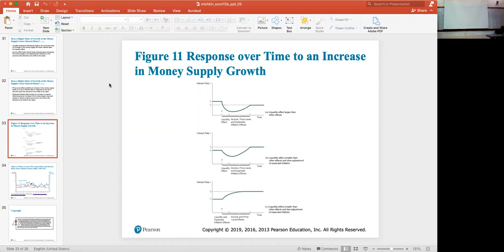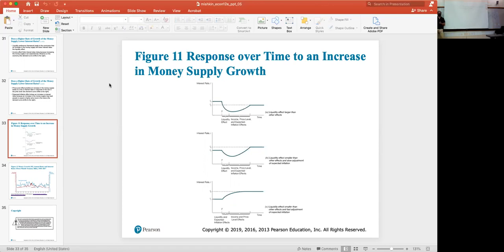Which of these three appears to be the most plausible? This one. In other words, in general, the liquidity effect is bigger than the expected inflation effect. But that doesn't always have to be the case, right? Particularly if a central bank loses the confidence of markets.